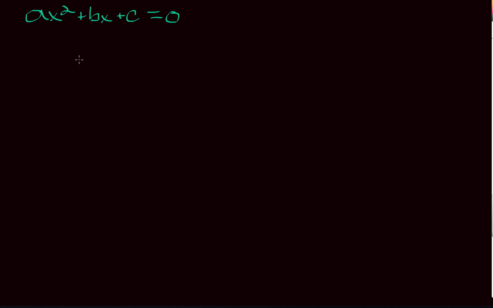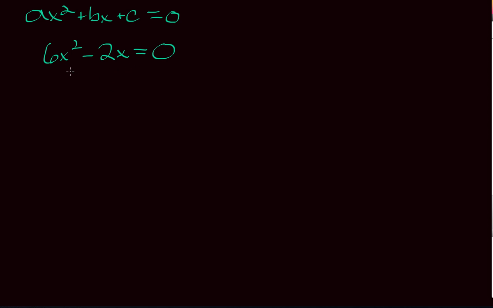So I'm going to show you a version of that, and that's really quite simple. The first problem is 6x squared minus 2x equals 0. I think we did this in class, but I'm going to go over it again.